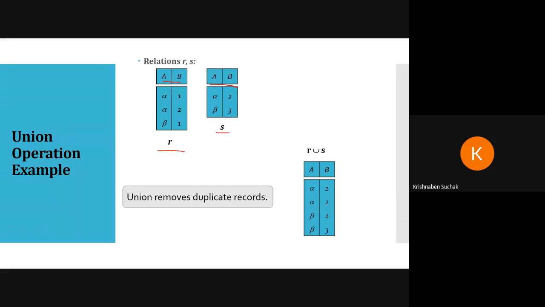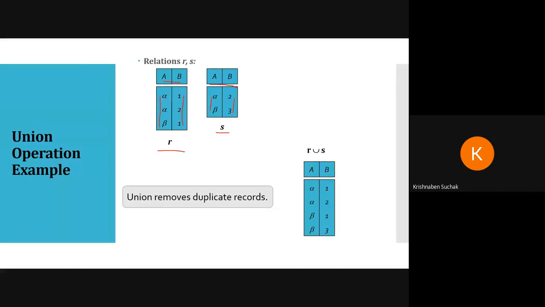And the domains are compatible. Here we have alpha and beta, here also alpha and beta. And here we have numbers 1 2 3, here also numbers. So the domain is also the same, and the attributes of both relations are also the same. So it is compatible.